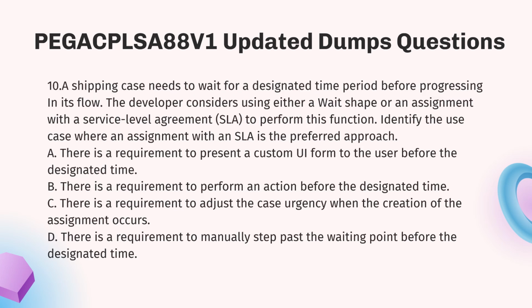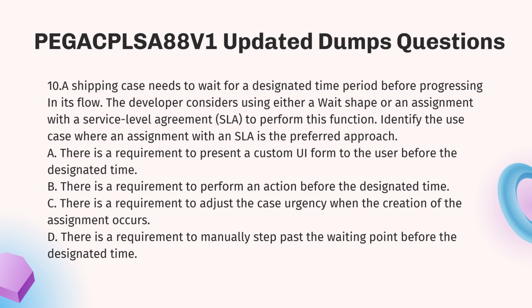10. A shipping case needs to wait for a designated time period before progressing in its flow. The developer considers using either a wait shape or an assignment with a service level agreement, SLA, to perform this function. Identify the use case where an assignment with an SLA is the preferred approach.